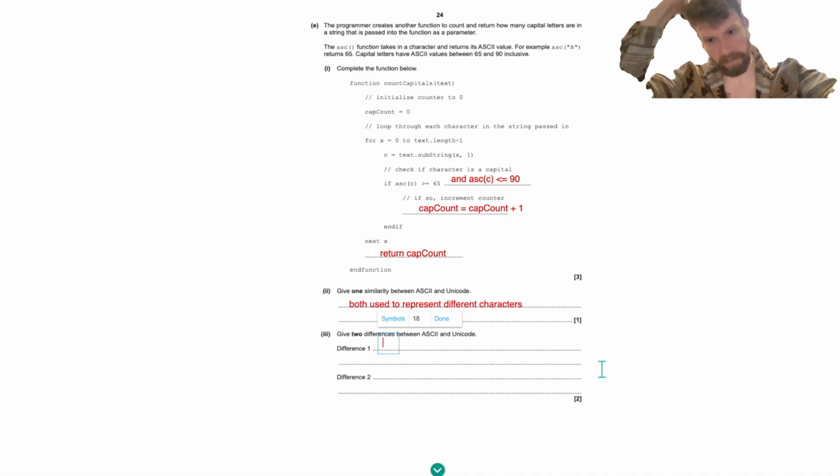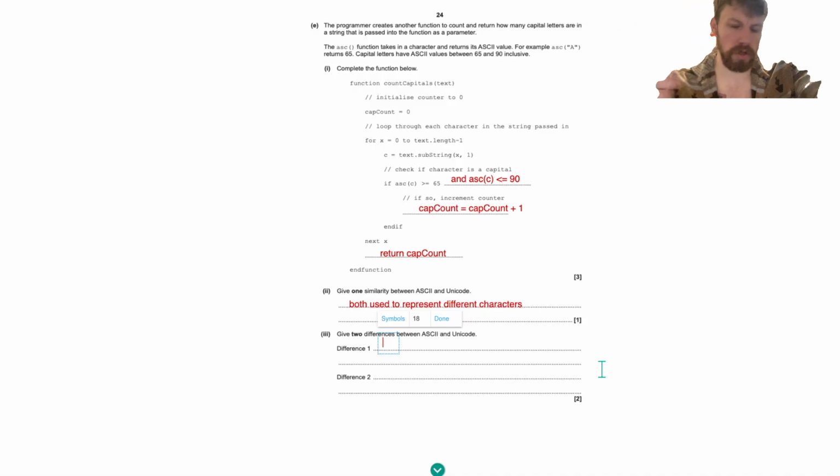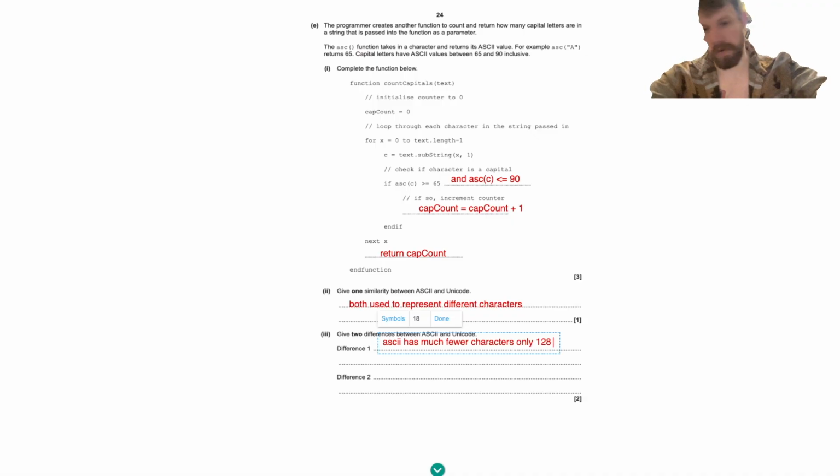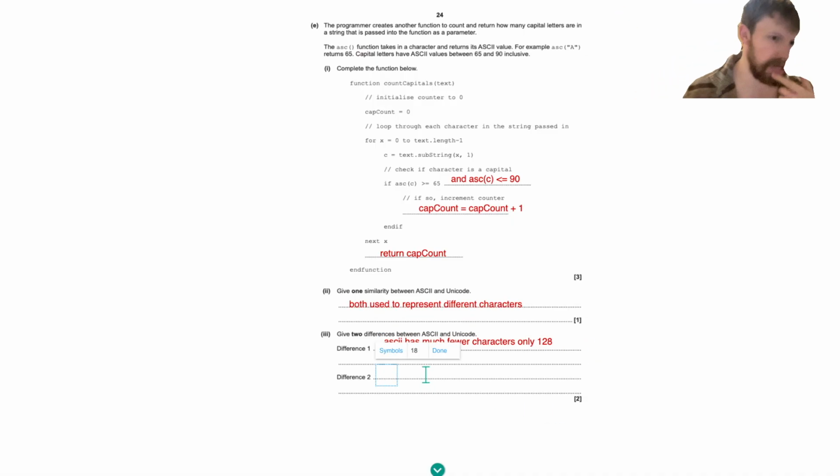Because it's only 2 marks, you just have to make 1 point on this one. So let's say ASCII has much fewer characters, and I'd really hammer that home by saying only 128. Or if you wanted to say 256, it's up to you if you go 7-bit or extended ASCII.